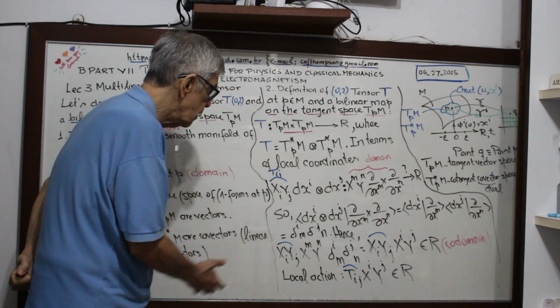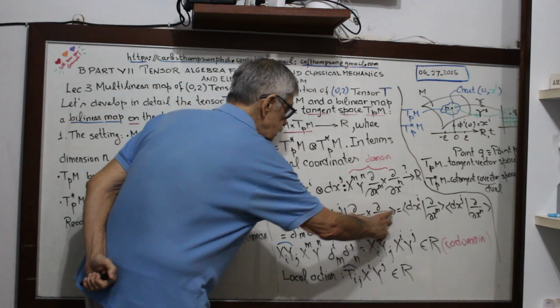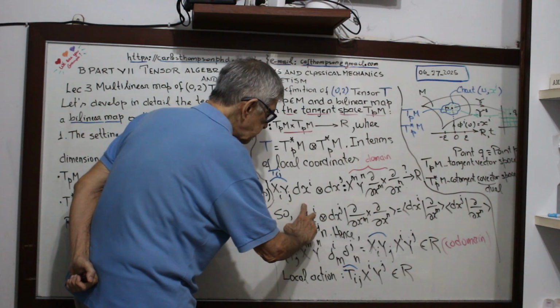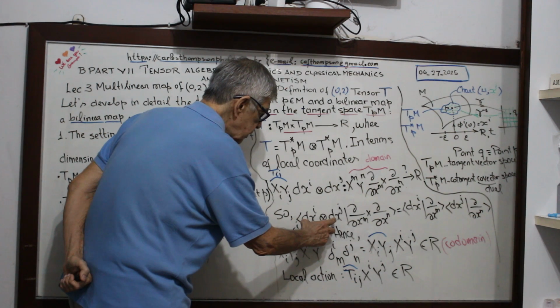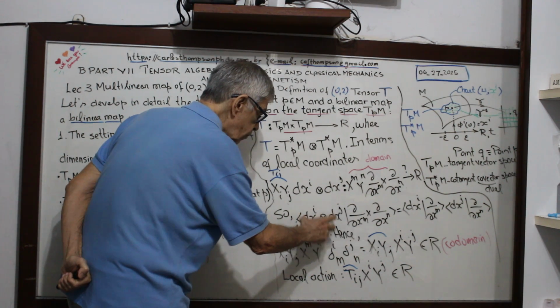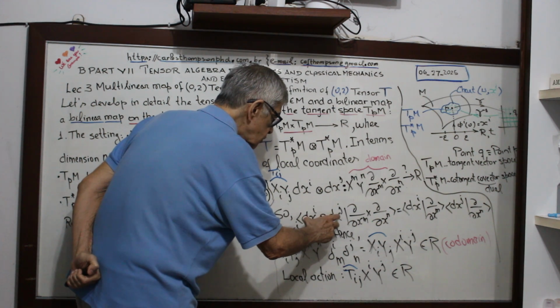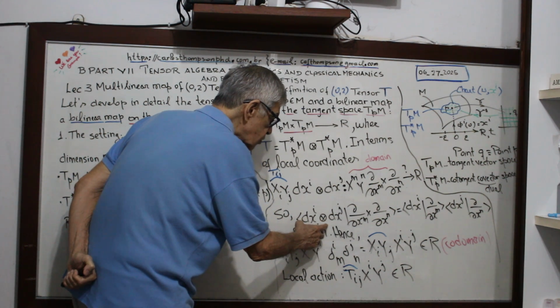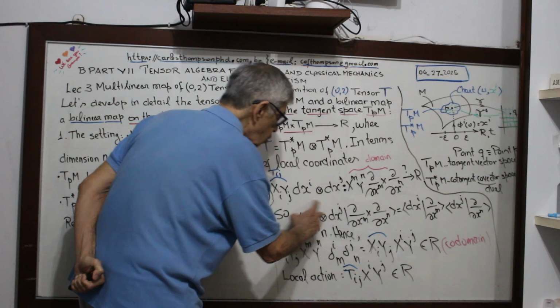as we see here. Now, recall that the inner product, you see, this is a two-form. This is the basis, the covariant basis. This tensor product here is the basis for the two-form.